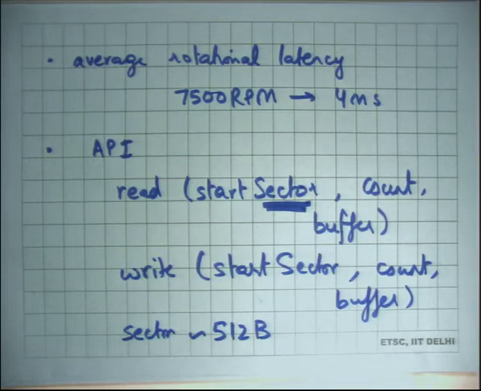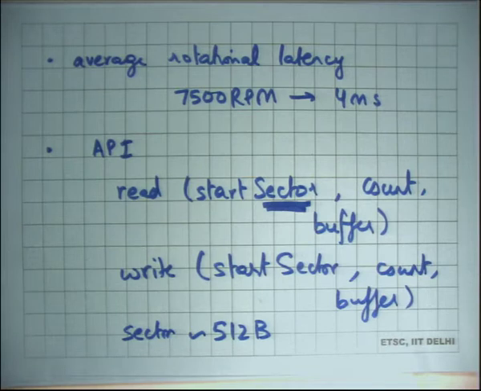All right. So an operating system can ask the disk to read a sector or write a sector, and the disk controller will move the arm to the appropriate location and then read data off it.